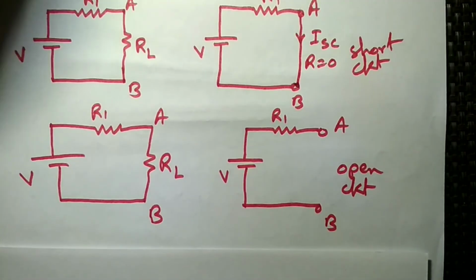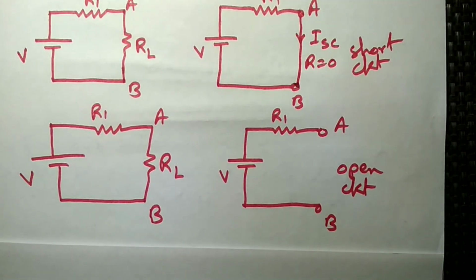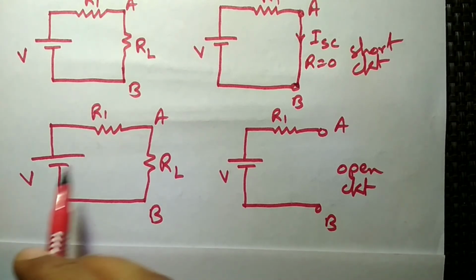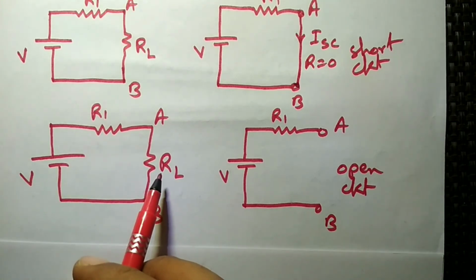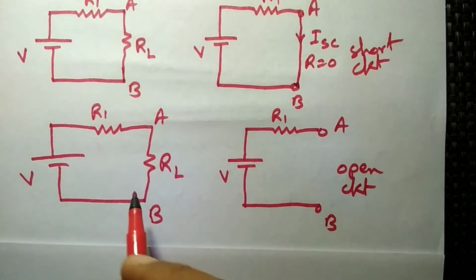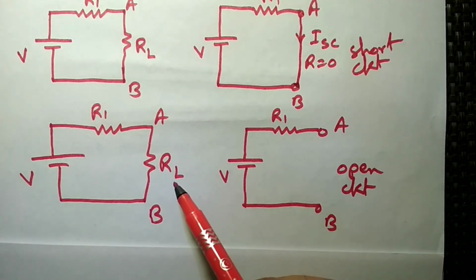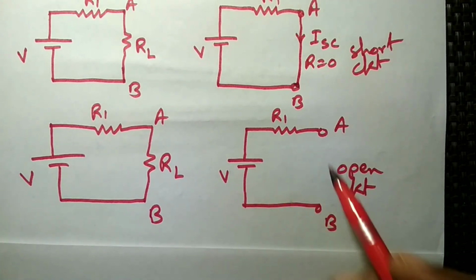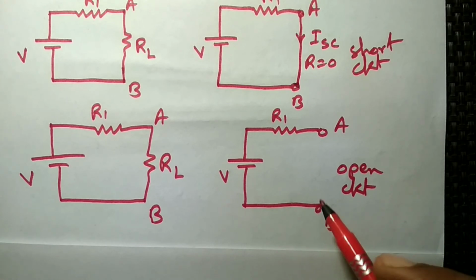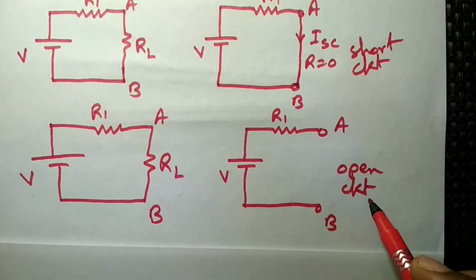Now for the example of the open circuit, we have another circuit with a voltage source, R1 as a resistance, and RL as a load resistance, and we have to make the load terminal open. So what we will do? We will simply remove the load resistance from between terminals A and B. If we open this terminal, it becomes an open circuit condition.